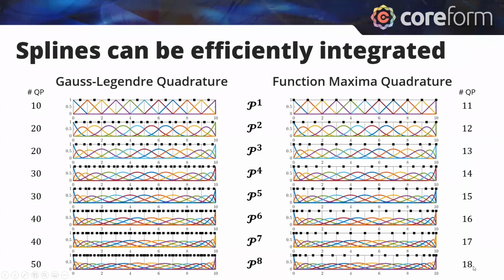You can see we're still exactly integrating these basis functions with only 18 quadrature points, where even for the quadratics a traditional Gauss scheme has more quadrature points. And of course, over-integrating is one of the causes of locking behavior. So by reducing the number of quadrature points we have, we can actually address that.